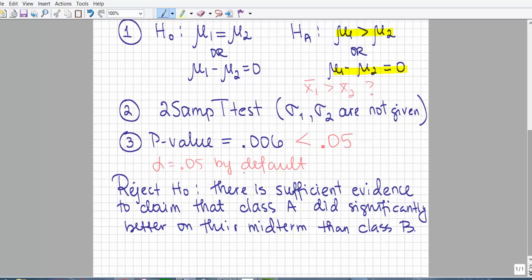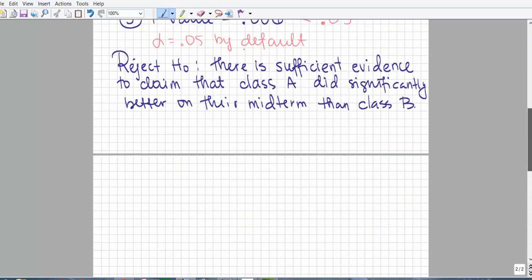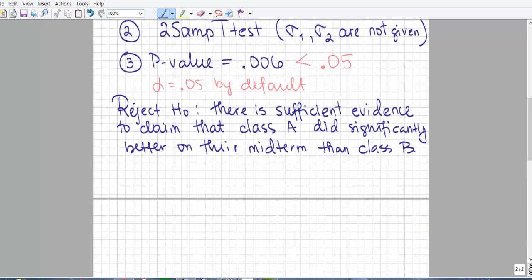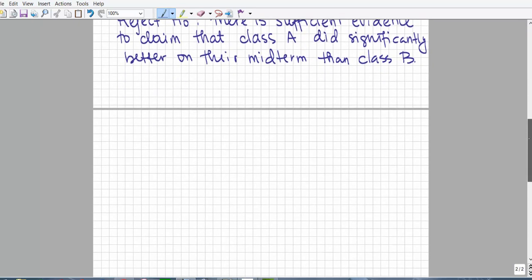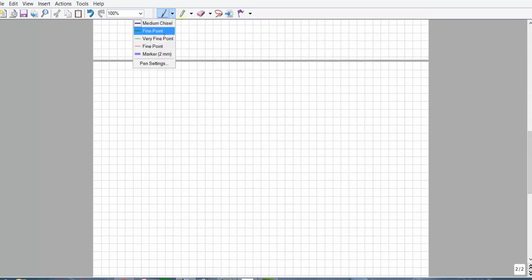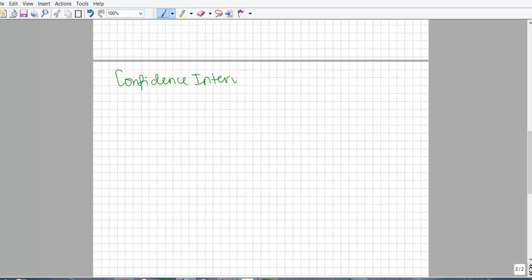What else can we do in this situation about this particular problem? Hypothesis testing tells you if there is a difference. Now, what about a confidence interval for the difference of 2 means? So let's go ahead and run this real quick. Confidence interval for the difference between 2 means.